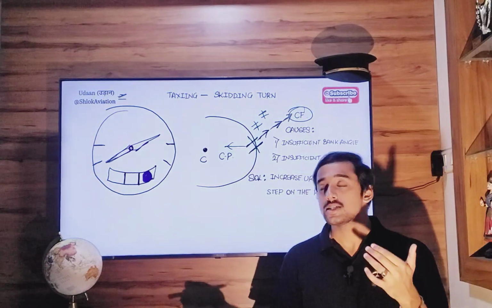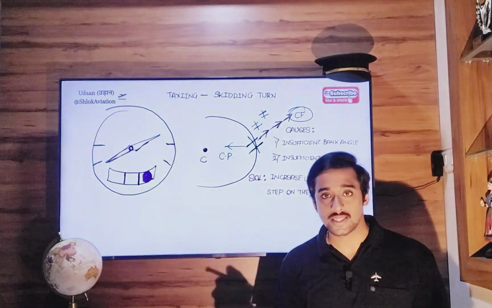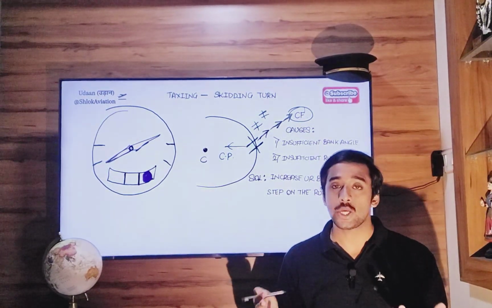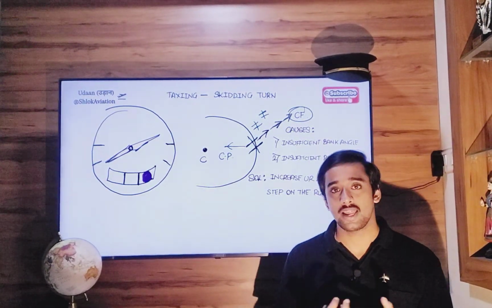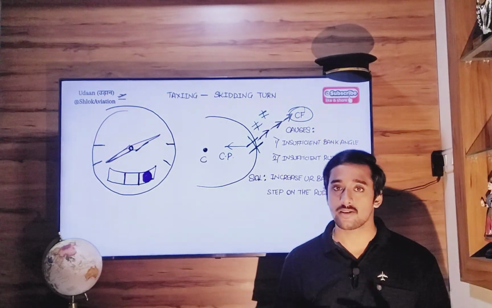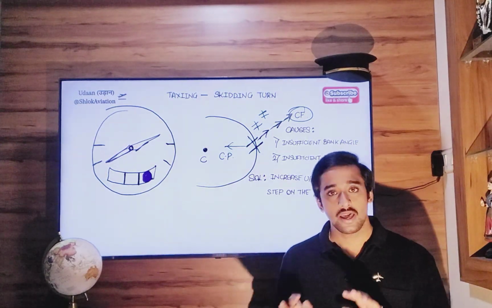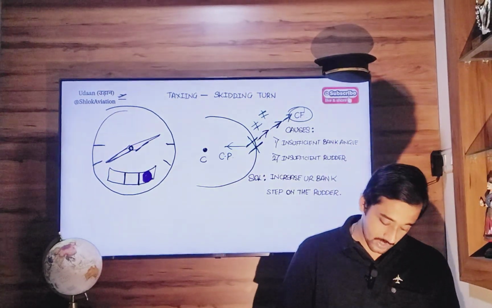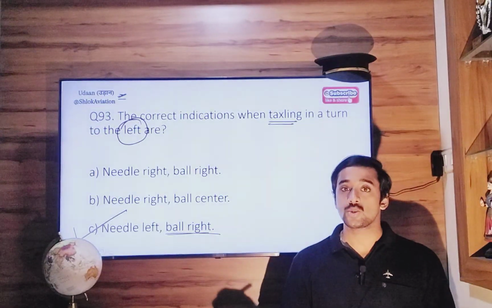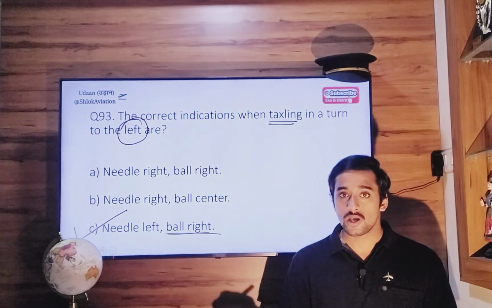It will give you a skidding turn indication, because your turn and slip indicator thinks that your aircraft is not banking, or you have not banked your aircraft sufficiently to make a left turn. So it shows an innocent behavior, and it shows a skidding turn. Whether you make a left turn or right turn, it will show a skidding turn. So the correct answer here is needle. Now here the needle stands for miniature aircraft. So the needle will go to the left and ball will go to the right.